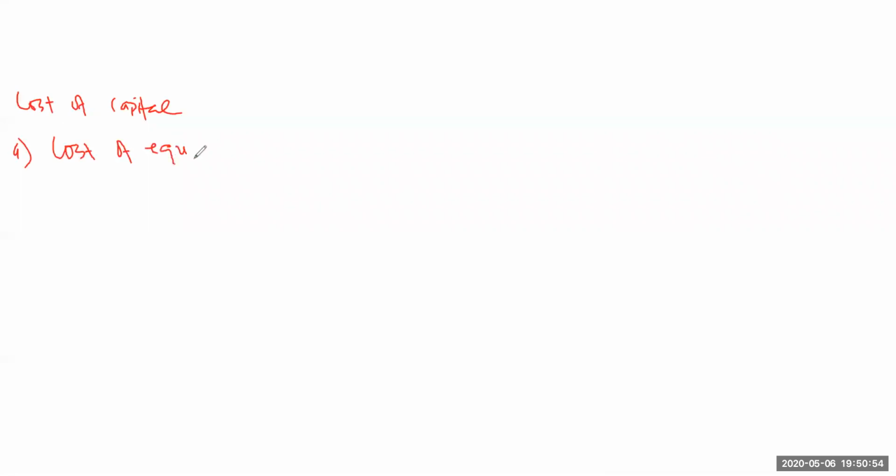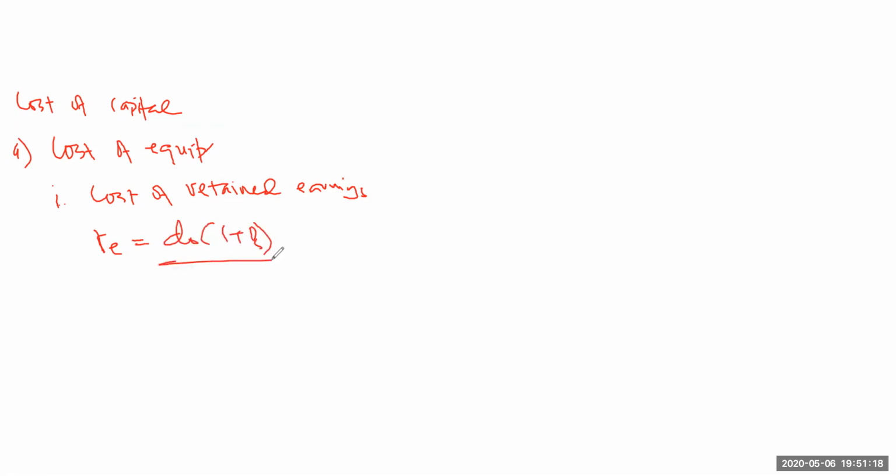In this case, we only need to get the cost of retained earnings. Cost of retained earnings, they don't have flotation cost. Therefore, cost of equity is equal to D naught (1 plus g) over P naught, plus g. Don't forget here we don't need to take into account the cost of flotation. Why? Because we are not floating anything. We are simply obtaining the money from the company's past earnings.